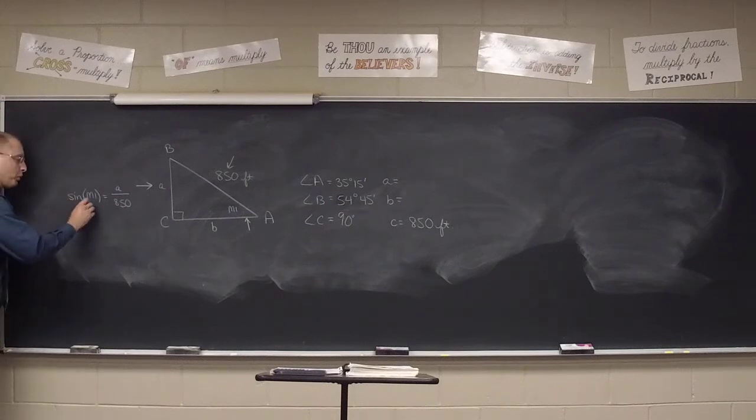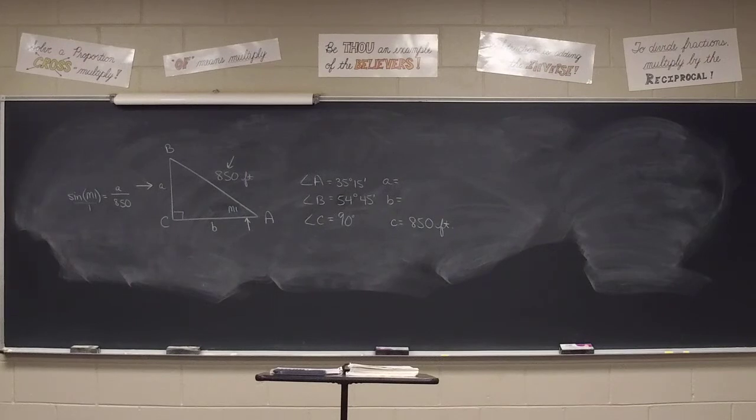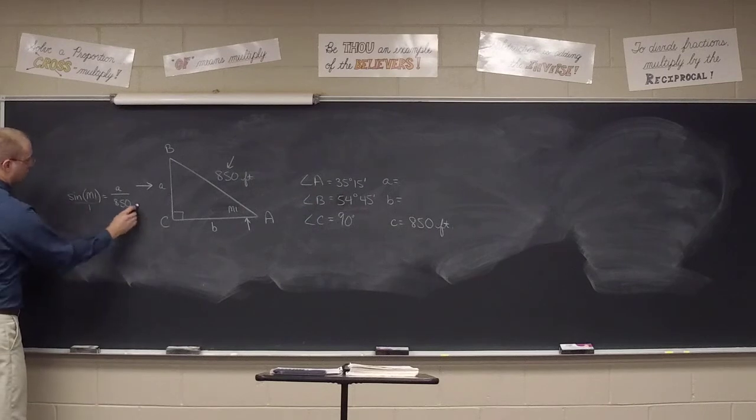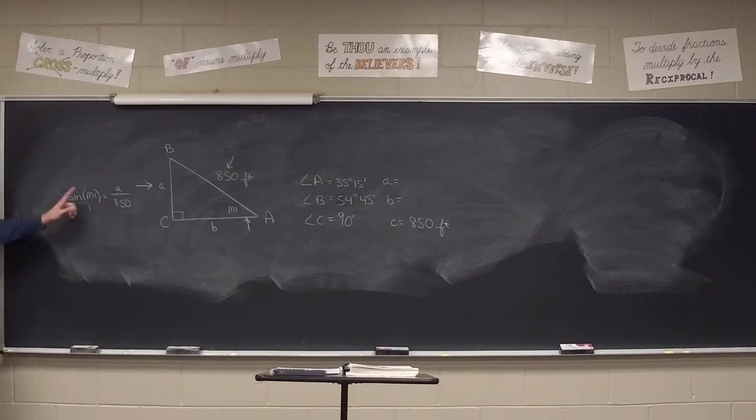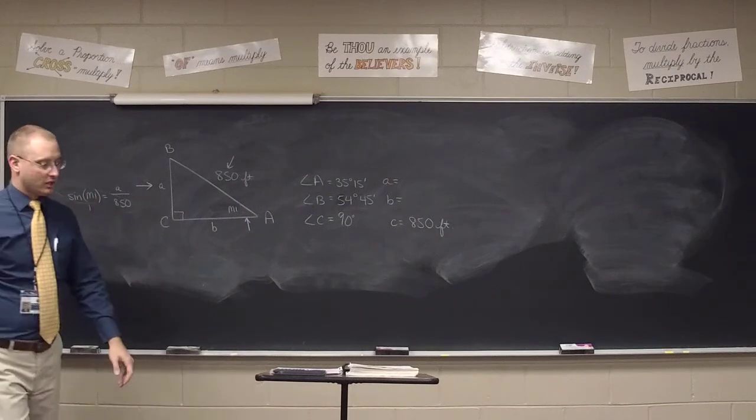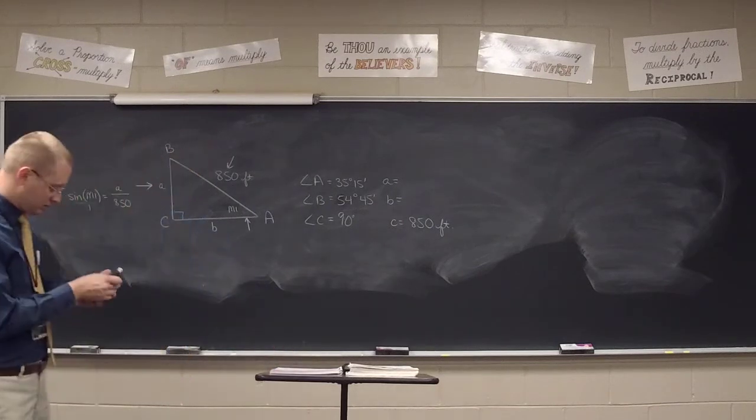Make it a proportion. How do I solve for A, Jamie? You'll multiply the sine of M1 times the 850. Go ahead and do that.